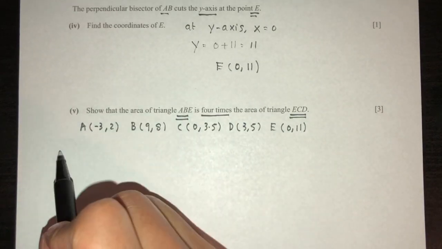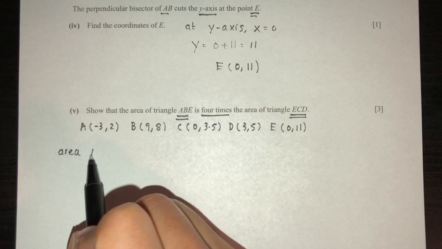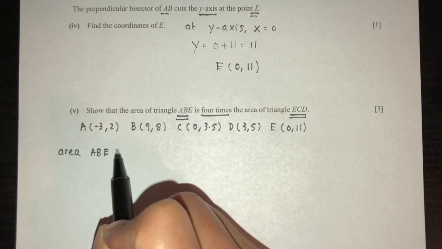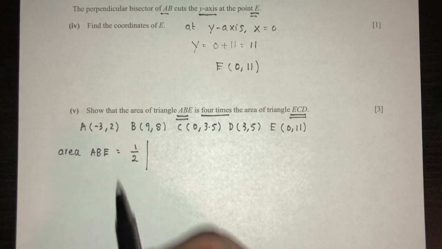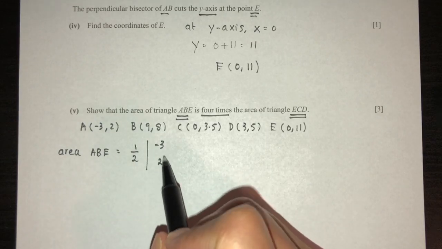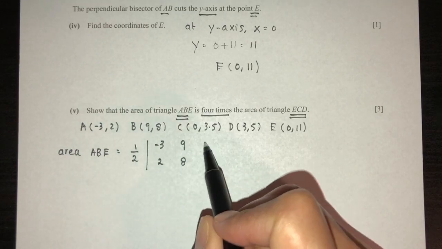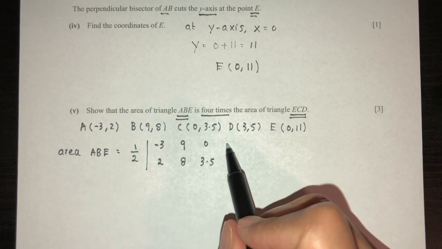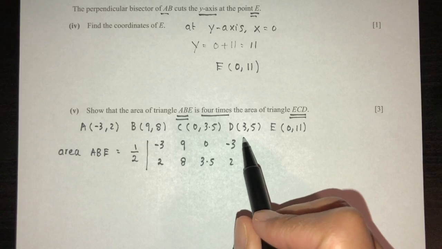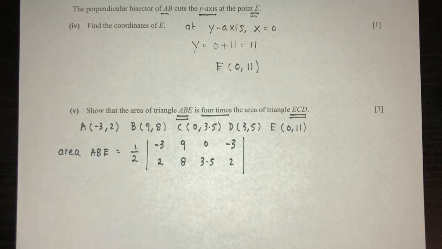So first let's find the area of ABE. The formula is half times the modulus. A is minus 3, 2. B is 9, 8. C is 0, 3.5. When you begin with a point, you have to end with the same point. That will be to find the area of this triangle.